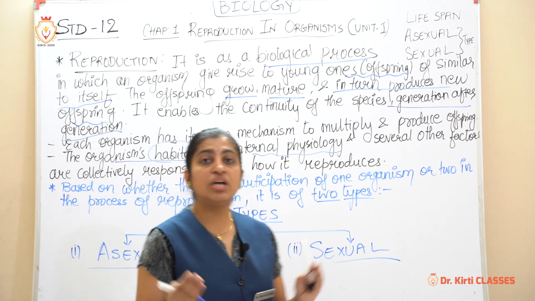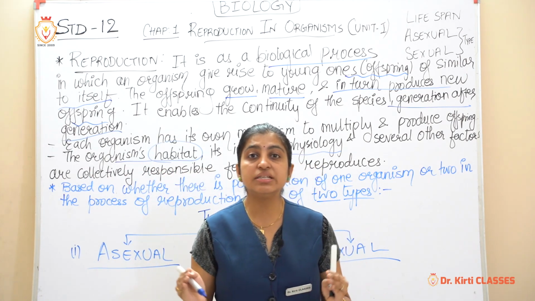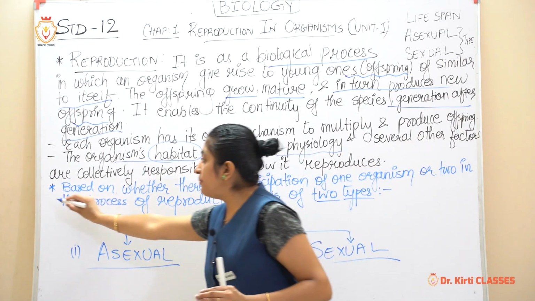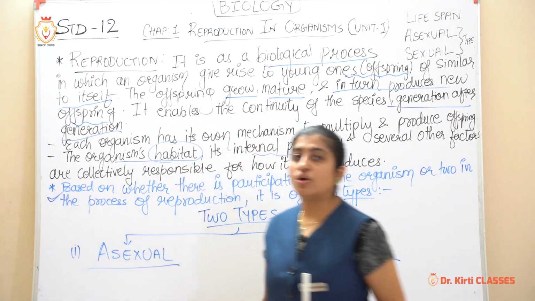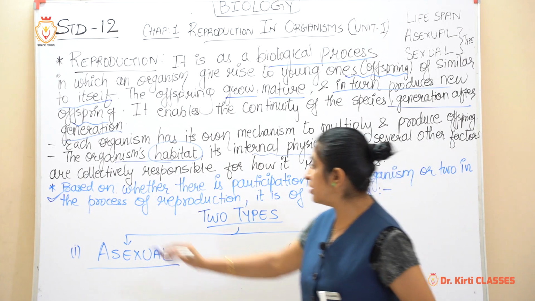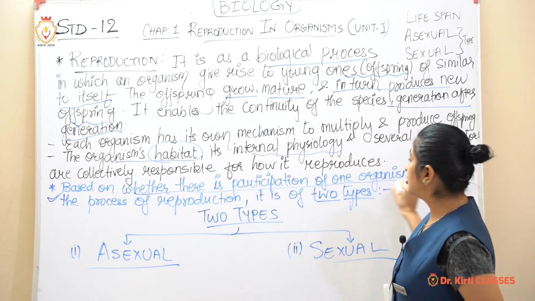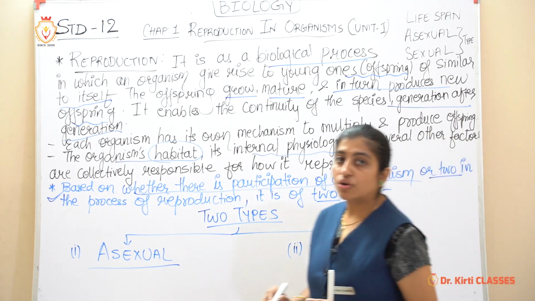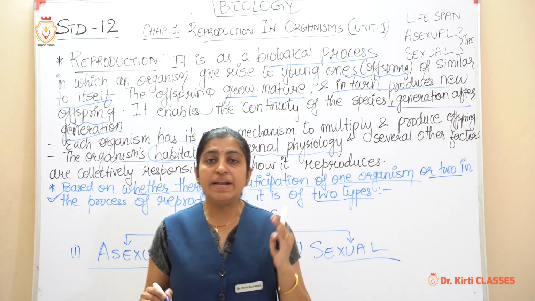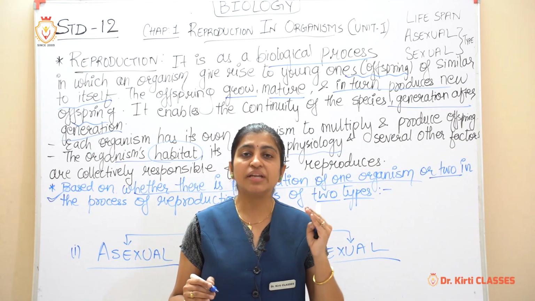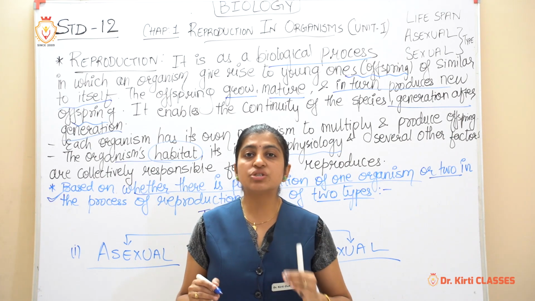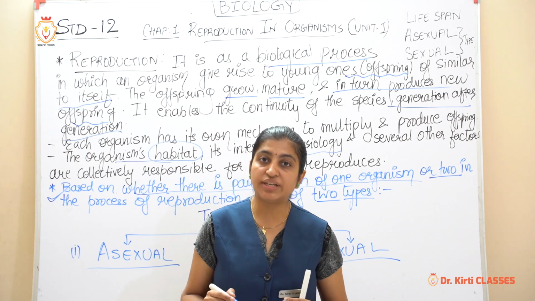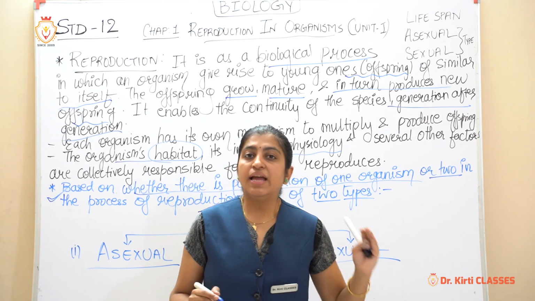So according to the number of organisms involved, we will see the next point, which is again a main point: whether there is a participation of one organism or two. On the basis of the number of living organisms involved in the production of a new offspring, reproduction is of two types, asexual and sexual.